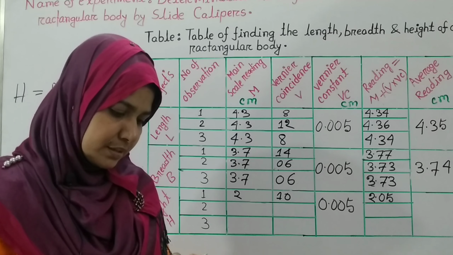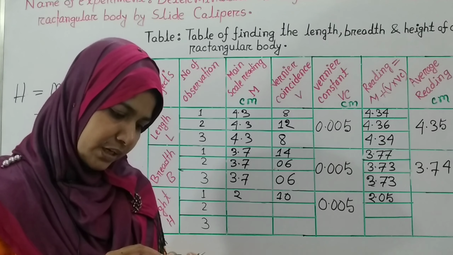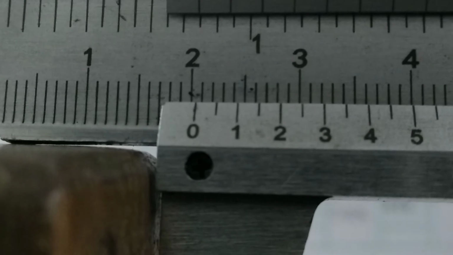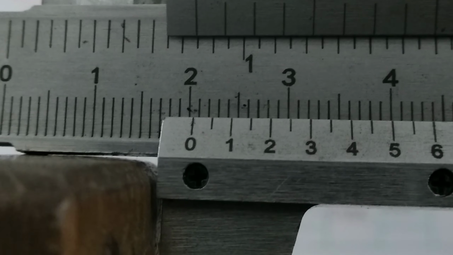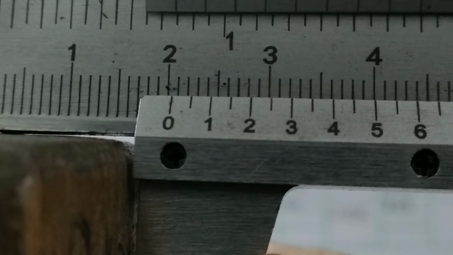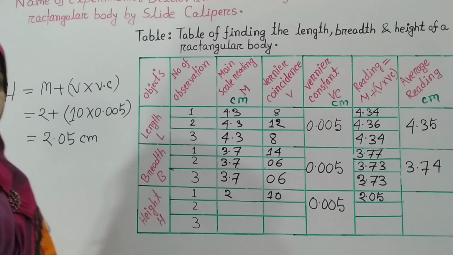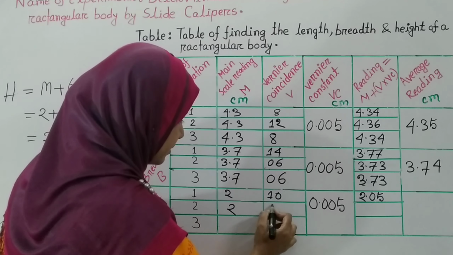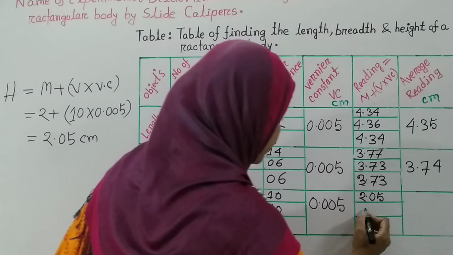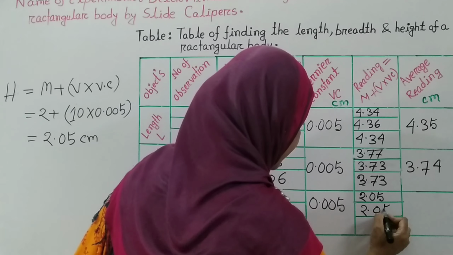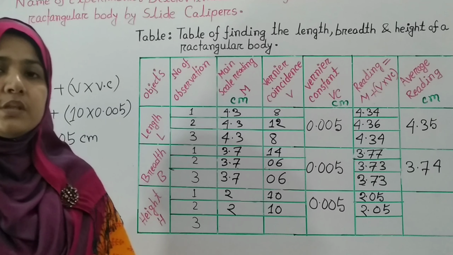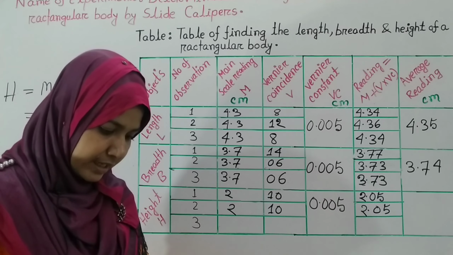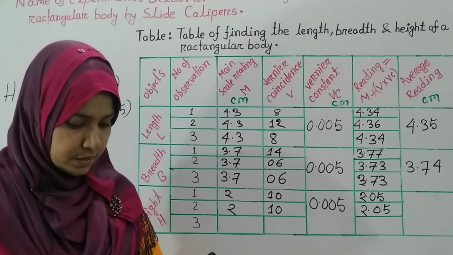The main scale reading is 2 and the vernier coincidence is 5 again, so the value remains the same, 2.05.